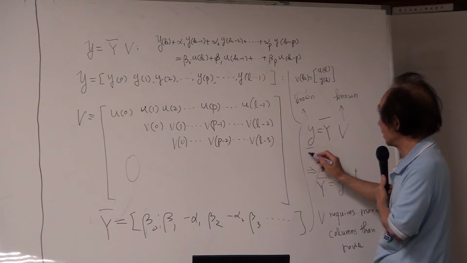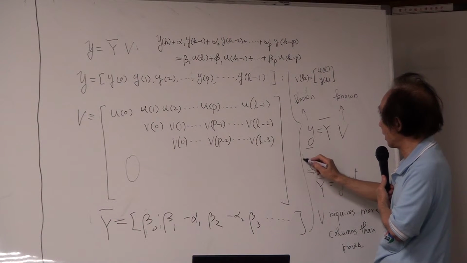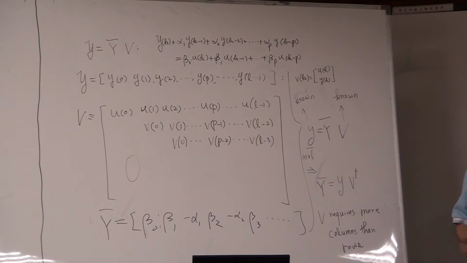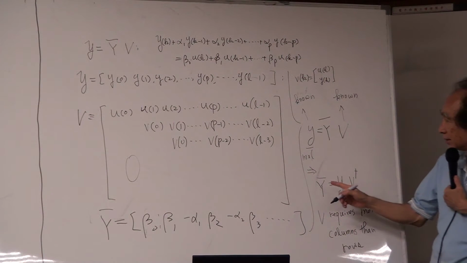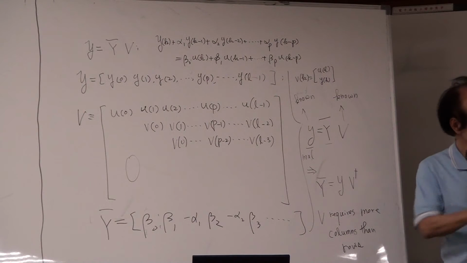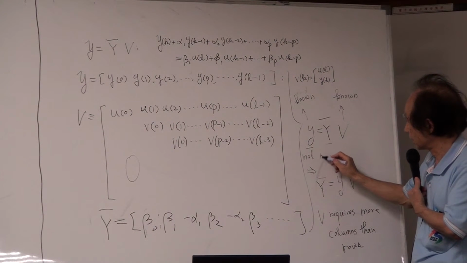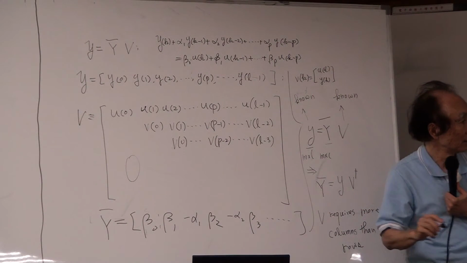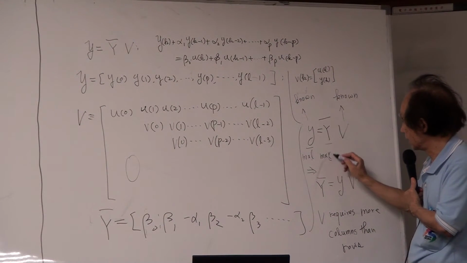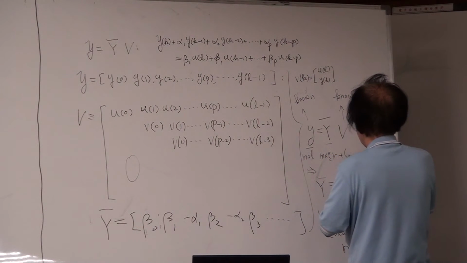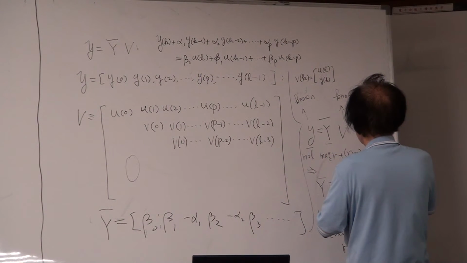Now we know that this is m times L, right? It's m times L. And this, I write down there, that's m times r plus m times p.